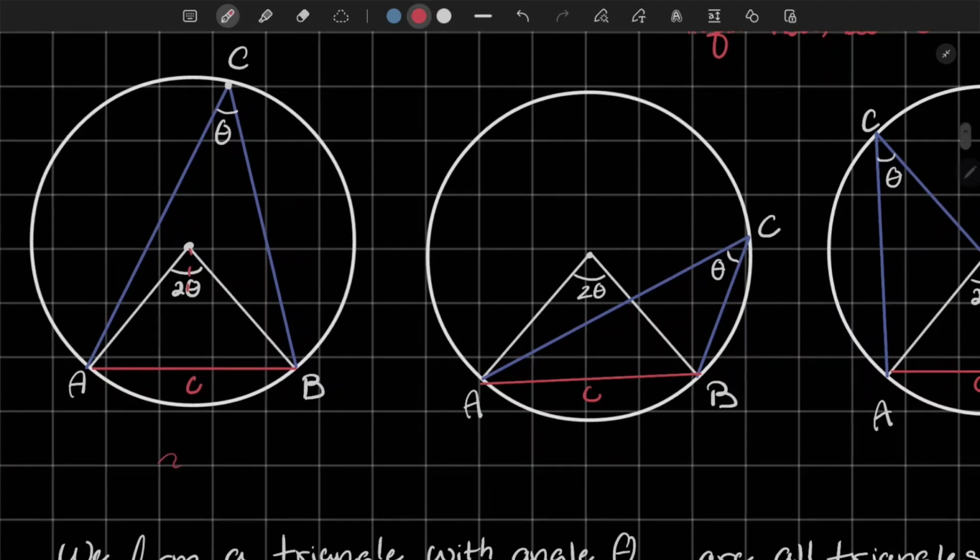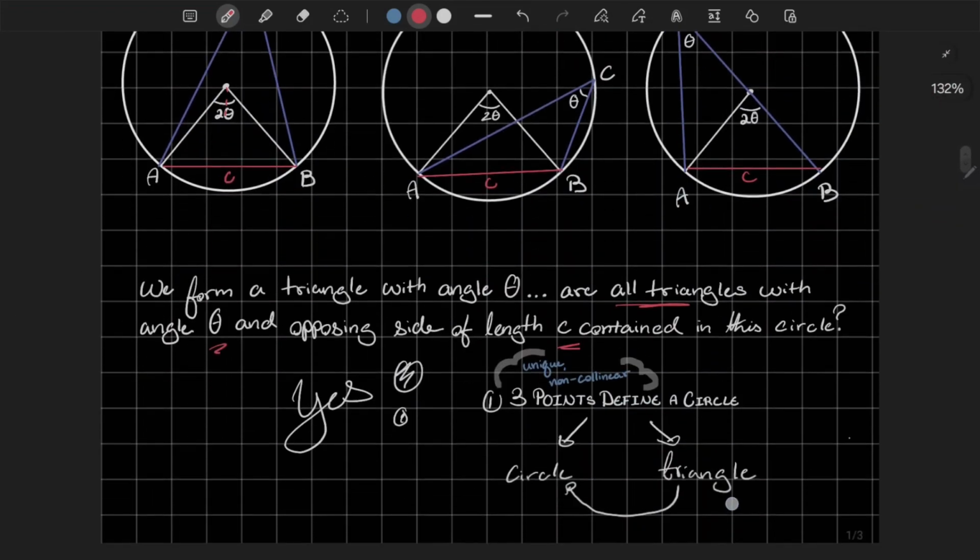And given our value of C, we have a set value for our radius. So it's going to go back in the same circle. We're going to have the same radius so that we can have our same C, because theta is the same theta. Cool.